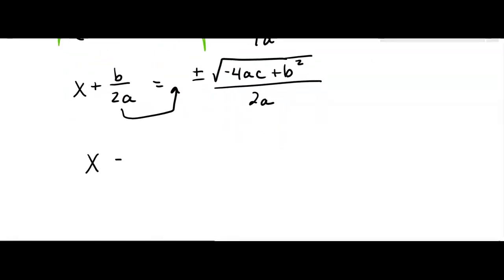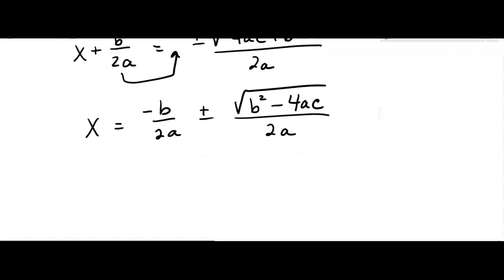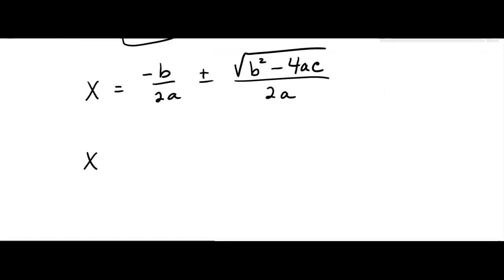So I get x equals negative b over 2a plus or minus the square root. I'm going to switch it so it says b squared minus 4ac, because that's the same thing as negative 4ac plus b squared, over 2a. And then just one last step, because the denominators are the same, I can combine the numerators, or write them as one expression.